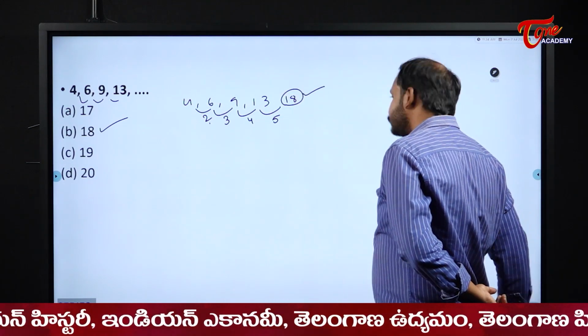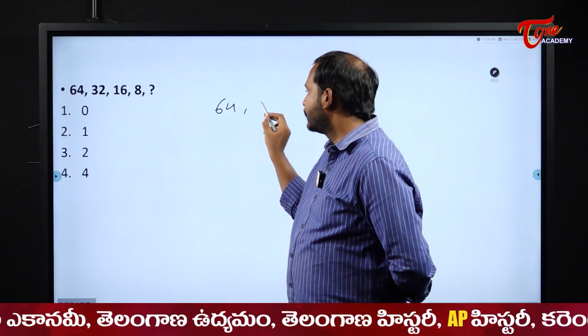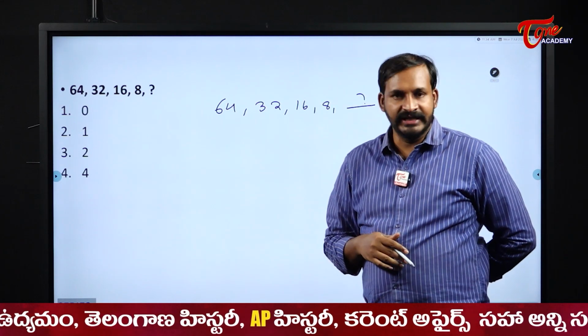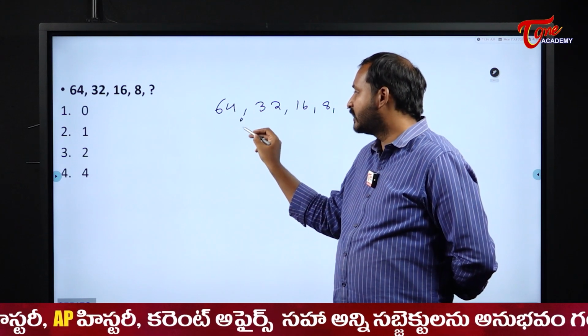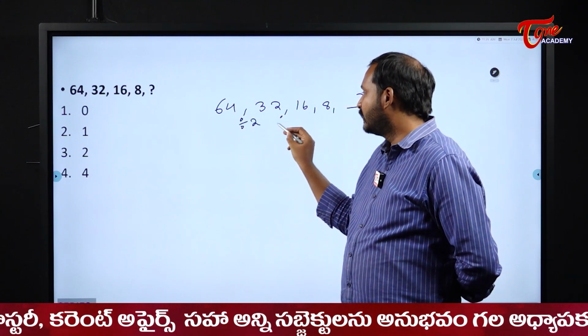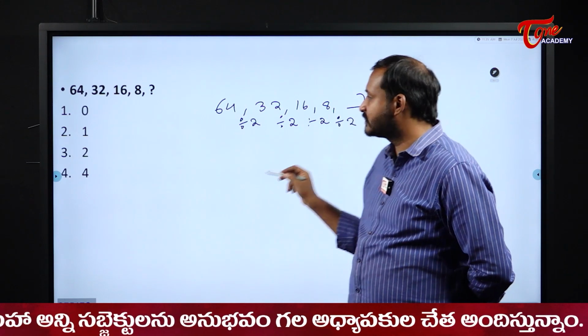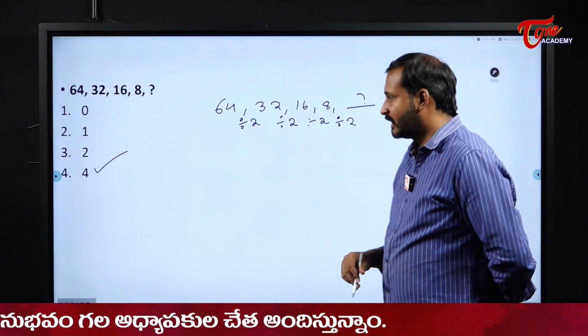See the next one: 64, 32, 16, 8. It is decreasing, sir, and it is very simple for us to identify here. What is happening here? Divided by 2, divided by 2, divided by 2. So next, 8 divided by 2, what does it become? 4. So our answer here becomes 4. Okay, a decreasing one.